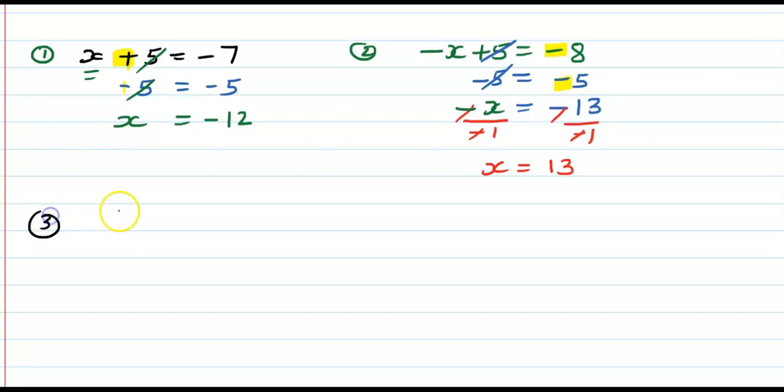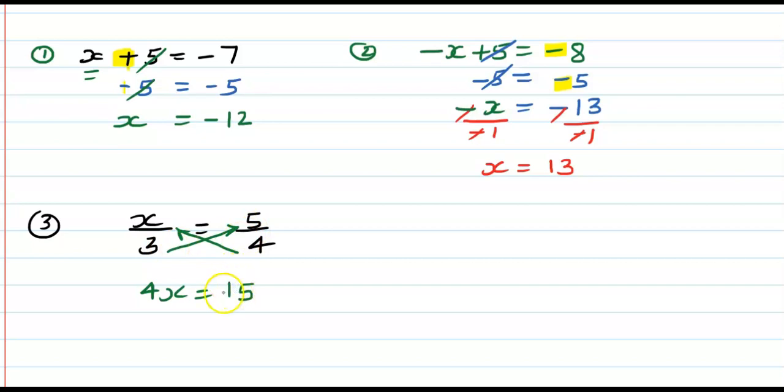And if it is like this, x over 3 equals 5 over 4, how to do these questions? Very easy, there is an equal sign, so you can cross multiply this with this and this with this. So 4 times x is 4x, and 3 times 5 is 15.